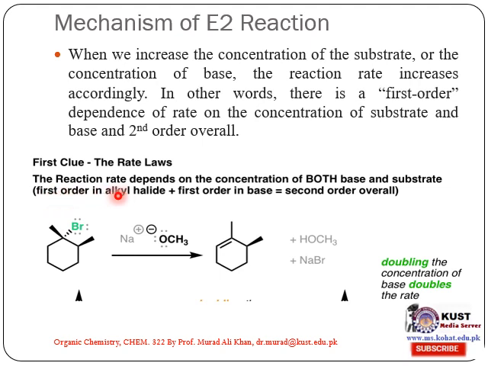The reaction rate depends on the concentration of both base and substrate: first order in alkyl halide plus first order in base, second order overall. Doubling the concentration of the base doubles the rate of the reaction.